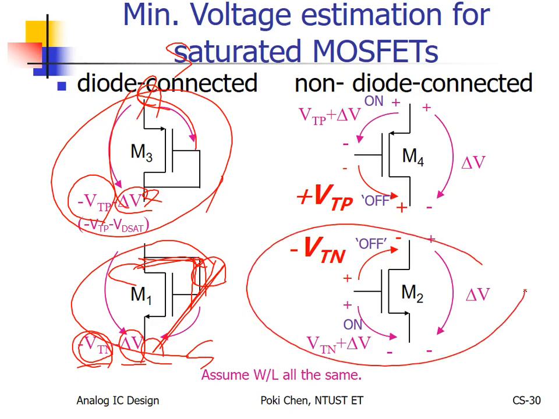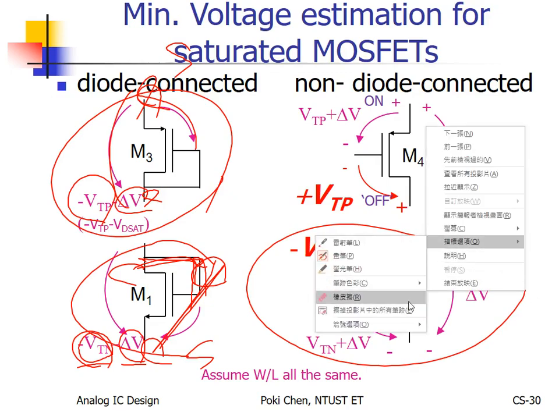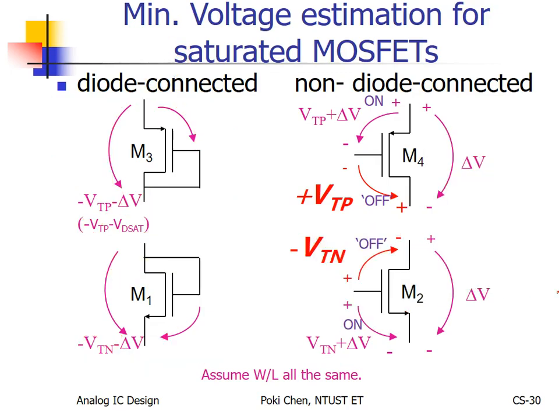And how about the non-diode-connected MOSFET? What is the condition to make it operate in saturation? We remind you again and again: gate to source needs to be on, and gate to drain needs to be pinched off.